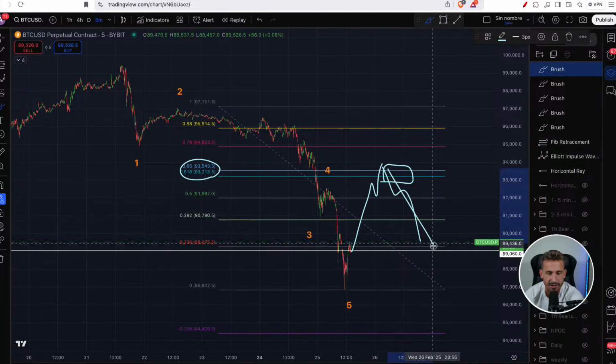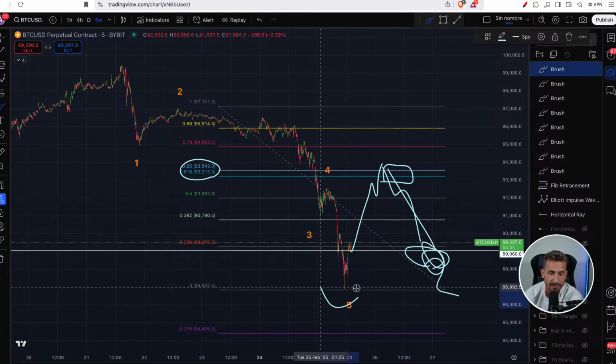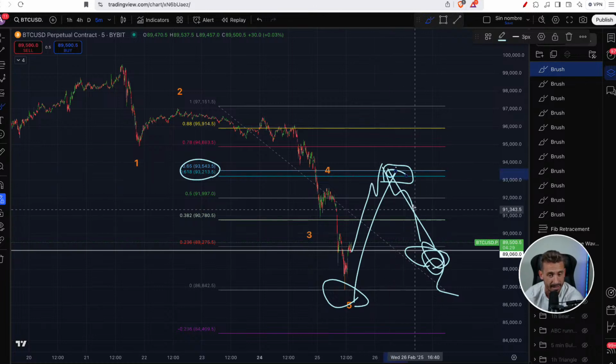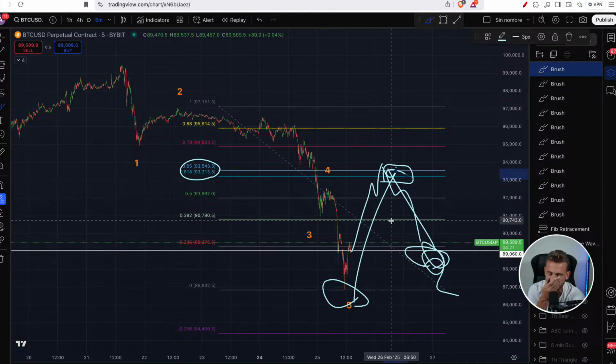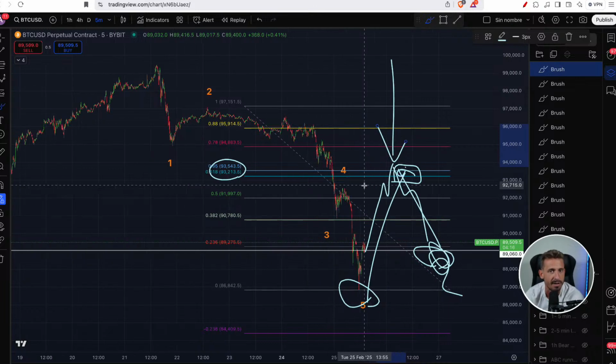I mean, this correction, considering a wave 2, can come down to the 7-8 Fibonacci from the pivot low to the pivot high, right? So for all of the bulls, it will test your patience because it can be aggressive. But remember, if you do hit the $93,000, it will be looking very, very good for the bulls in the next coming weeks, okay?